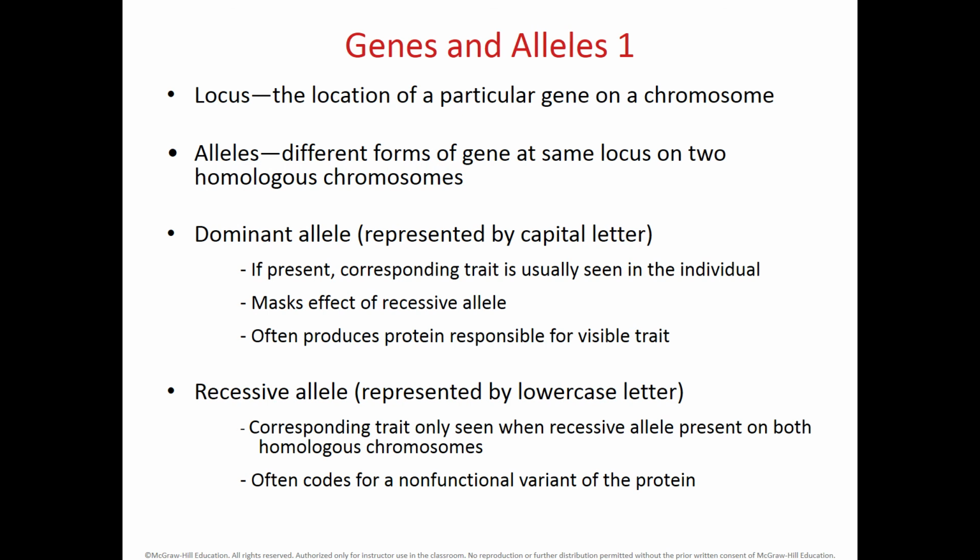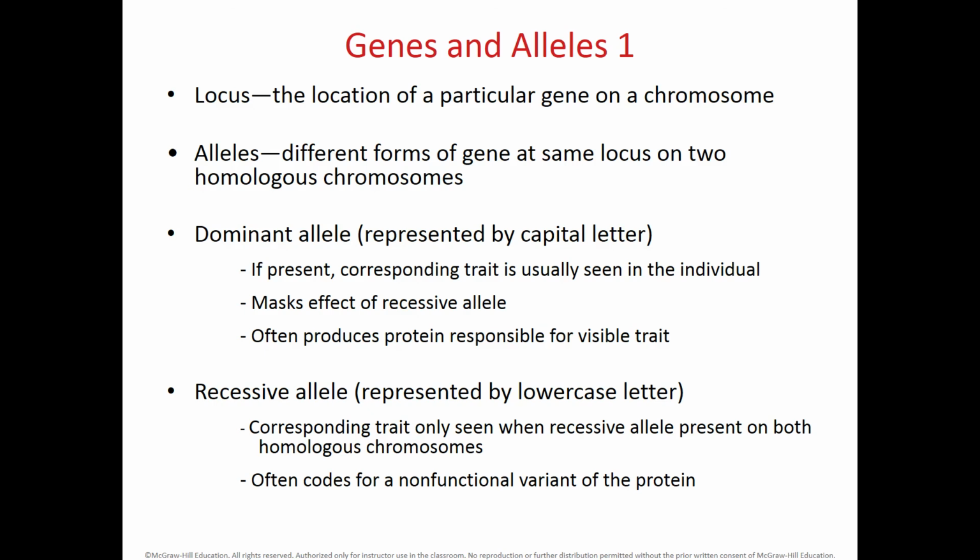Now, the actual location of a gene within a chromosome is known as a locus. And we have different versions of a gene that are called alleles. We have two or more alleles depending on what trait you are talking about.